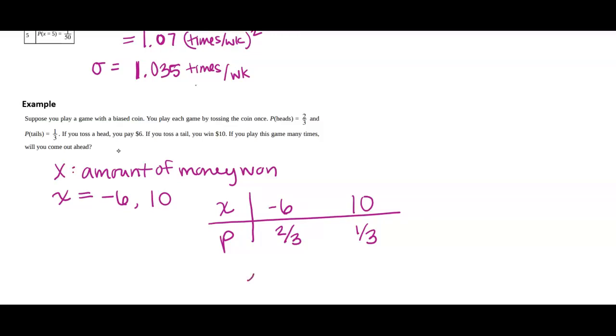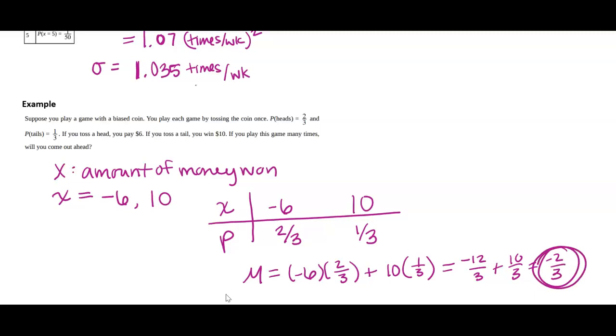So we would have that our mean is equal to -6 times 2/3 plus 10 times 1/3. You could do this without a calculator, or you could do this with a calculator. It doesn't really matter.